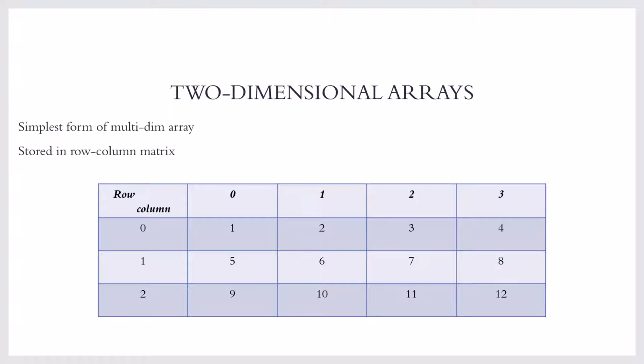Two-dimensional arrays. So two-dimensional arrays are the simplest form of a multi-dim array. It's stored in a row column matrix, so you could have something like this. The row runs horizontally, the columns vertically. And of course, as indicated here, we need two subscripts or two indices, right?